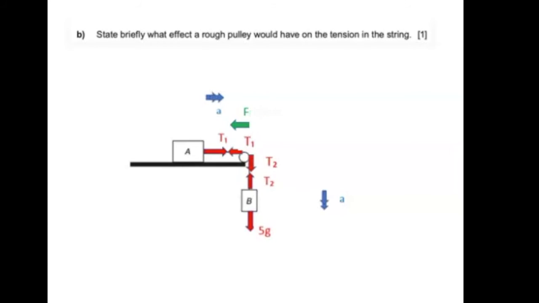As A is moving to the right and B is moving down, the friction must be opposing the motion. So we put the friction on the diagram. This means that force T2 must be bigger than T1.